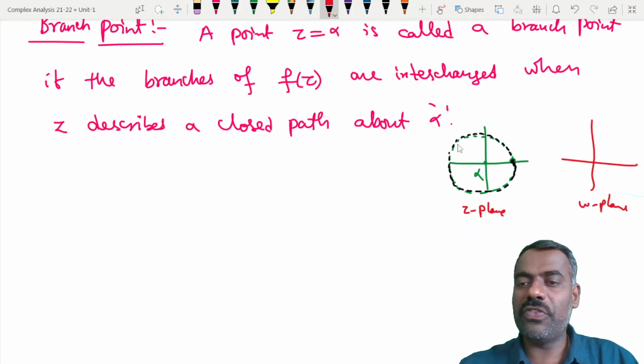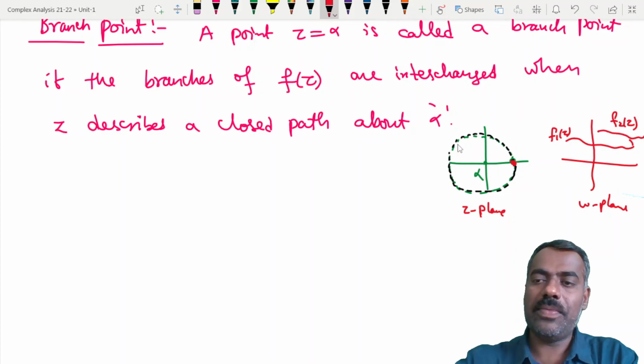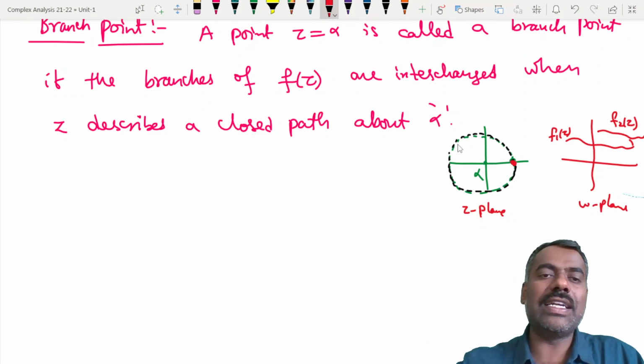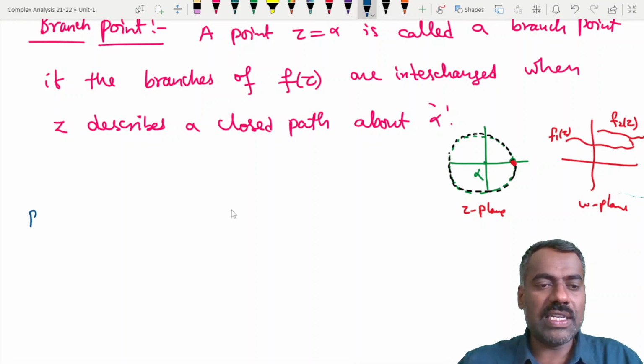When you go from here, you may be in something like f1 of z, then the moment you reach here, it crosses somewhere and suddenly goes to f2 of z. Are you following? That means it is shifting value from branch 1 to another branch. Then we say that that point is called a branch point. We'll discuss examples. Another definition is called branch cut.